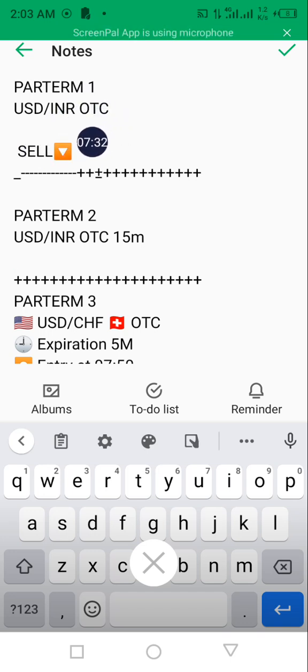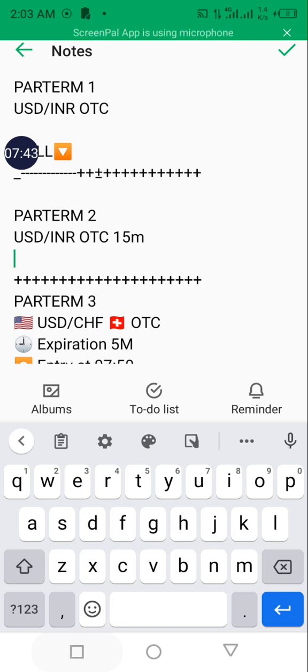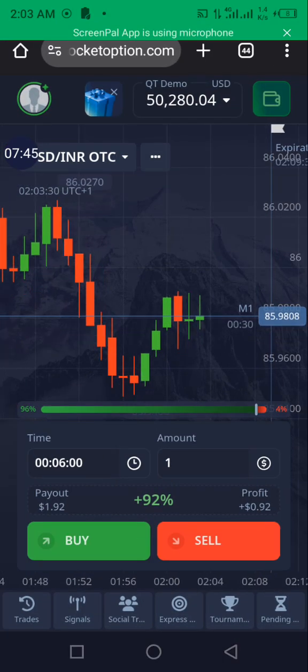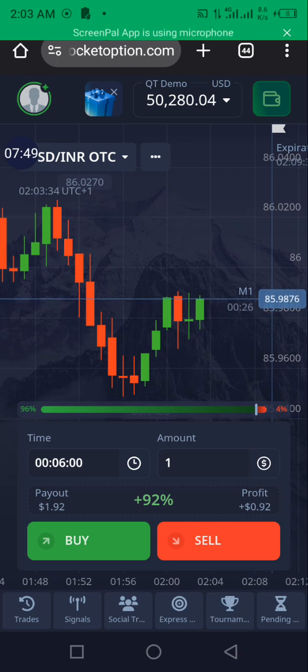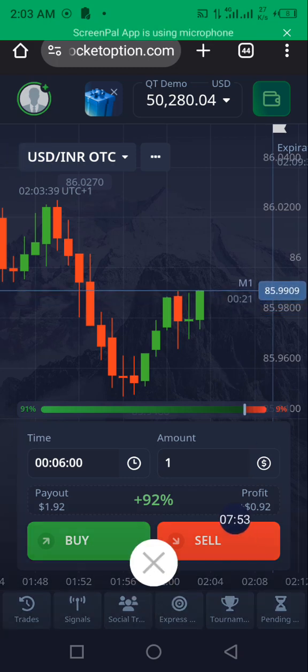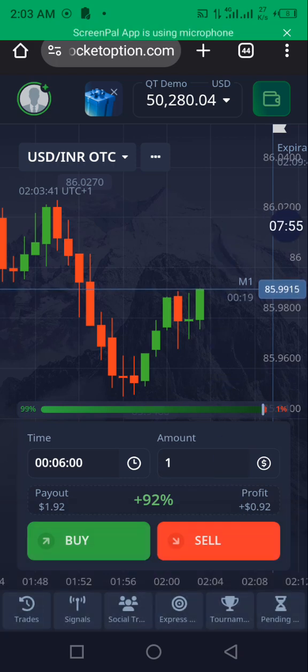After you have selected the pair, the direction of the trade will be dropped. If the trade says sell, you click on the red button. By that time you must have entered the minutes.